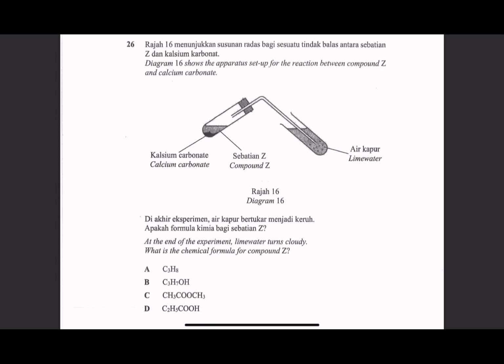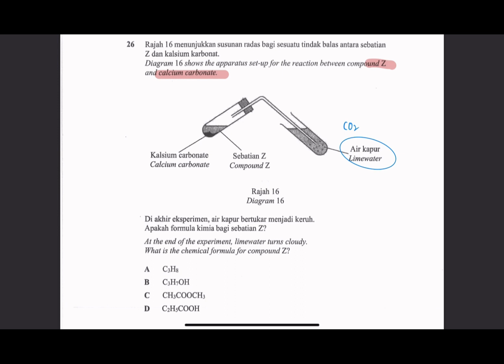And next question 26. The diagram shows the reactions between the compound Z and calcium carbonate. There's a lime water. So lime water, we will test the presence of carbon dioxide.